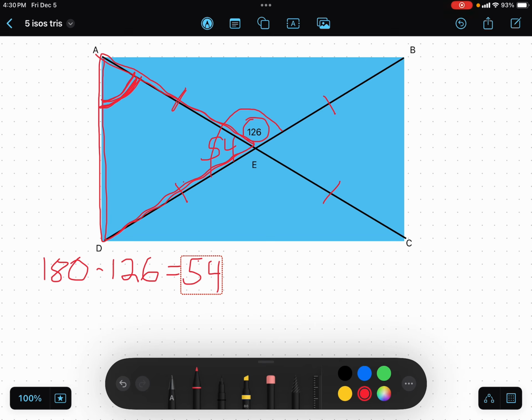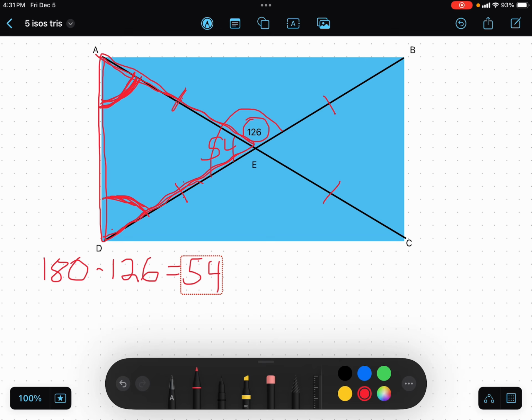And furthermore, I know a little thing or two about isosceles triangles in that the base angles, the angles at the ends of these legs, are going to have the same measure. Angles opposite congruent sides are themselves congruent.